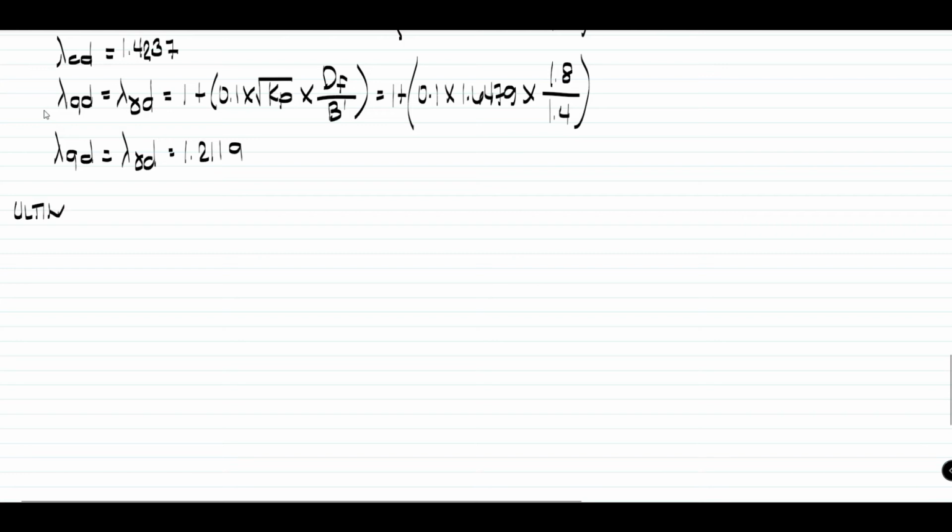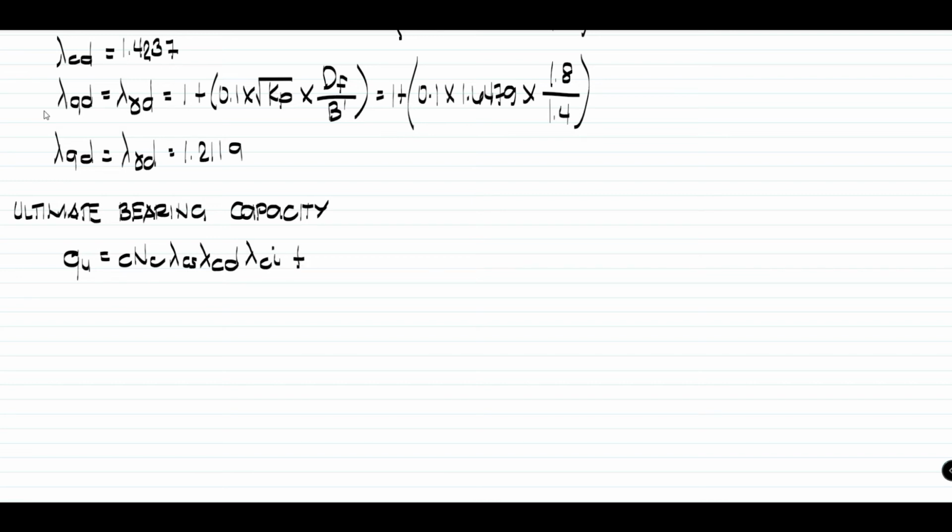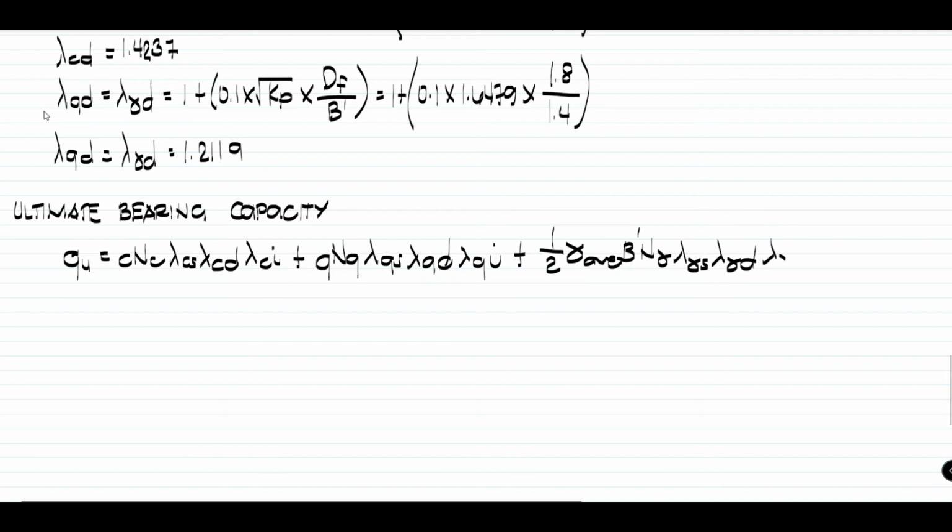So, for our ultimate bearing capacity, we have here QU is equal to CNC lambda CS lambda CD times lambda CI plus QNQ lambda QS lambda QD and lambda QI plus 1/2 gamma prime or gamma average B prime and N gamma lambda gamma S lambda gamma D and the lambda gamma I.